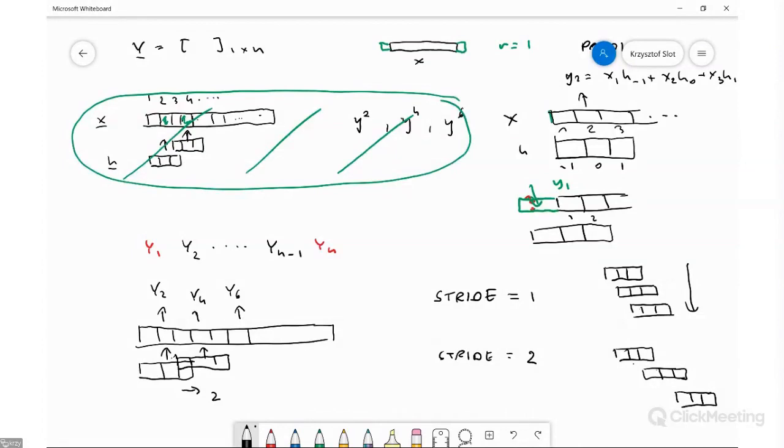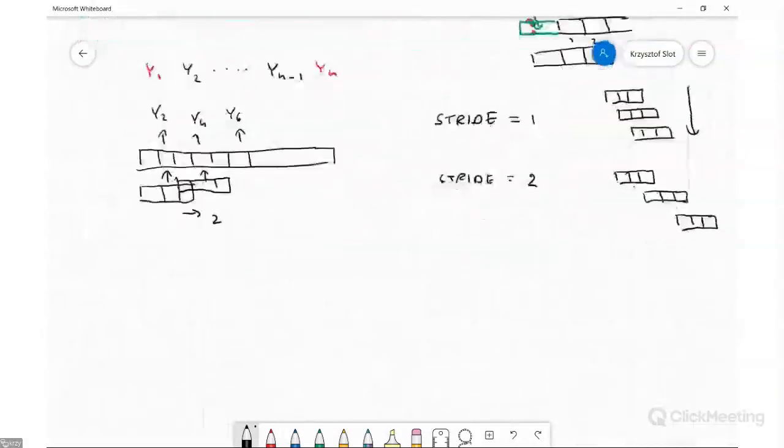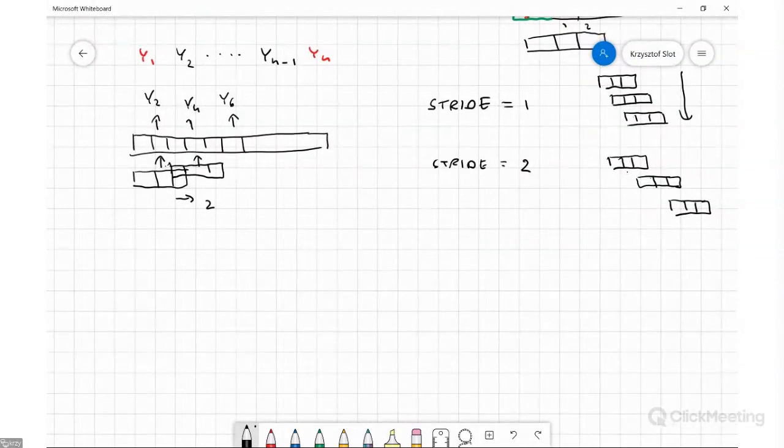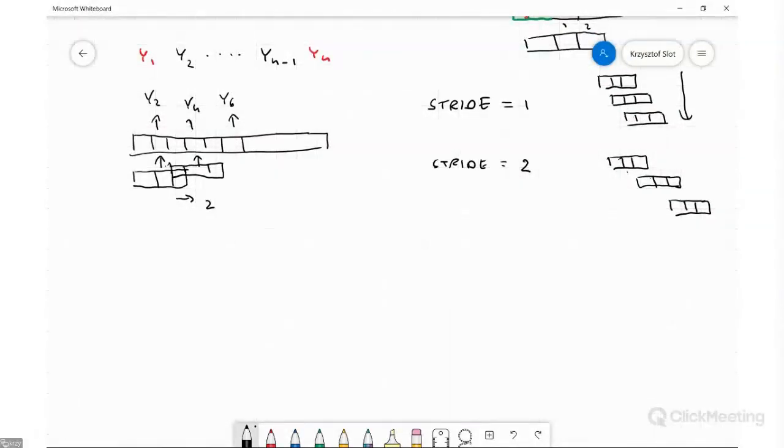So that's another parameter that will be used to characterize convolutions. Padding and stride will be parameters that are used to clarify exactly how I am performing my convolutions. I hope these two notions are clear to you.